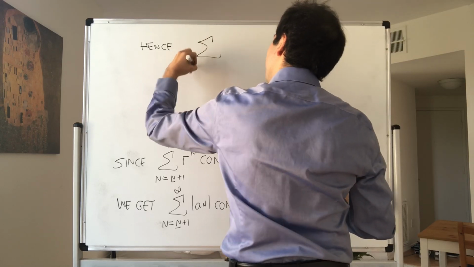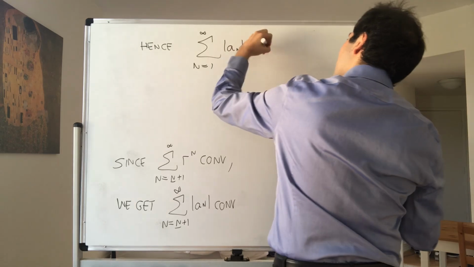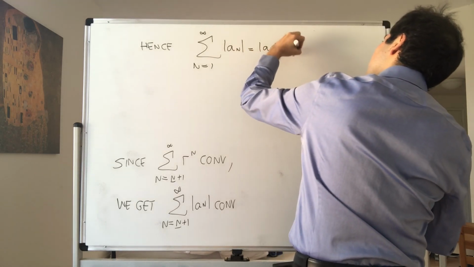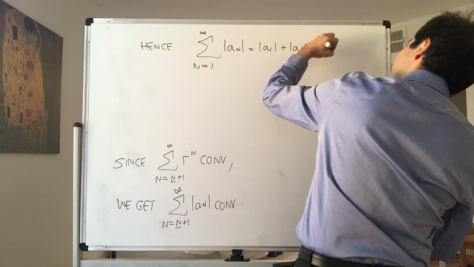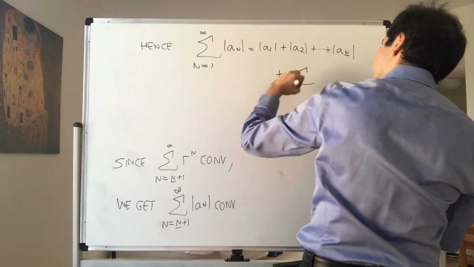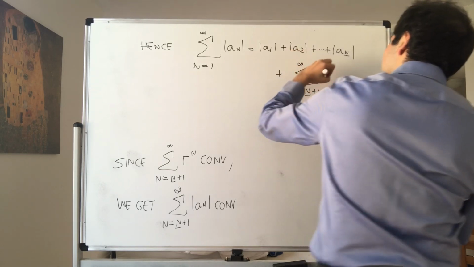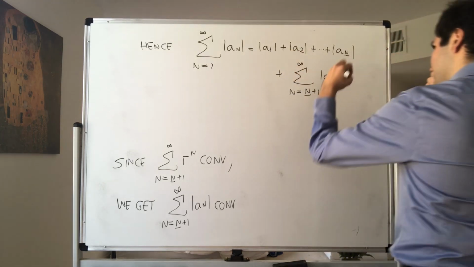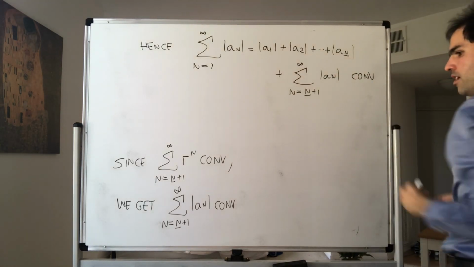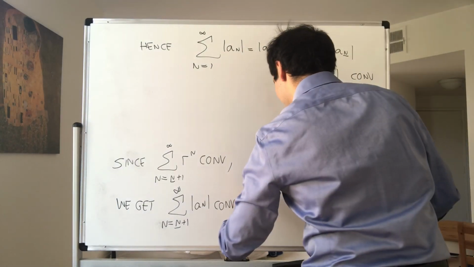this series, so the sum from 1 to infinity of an, which is a1 plus a2 plus dot dot dot plus a capital N plus the other sum from n equals capital N plus 1 to infinity of an, converges. And again, that's by comparison test.